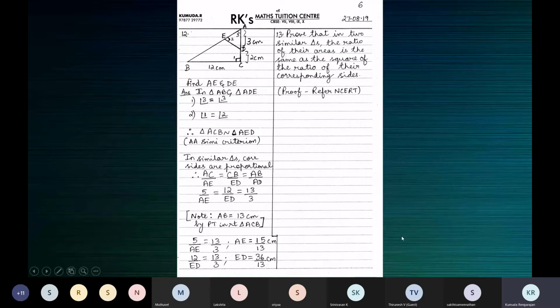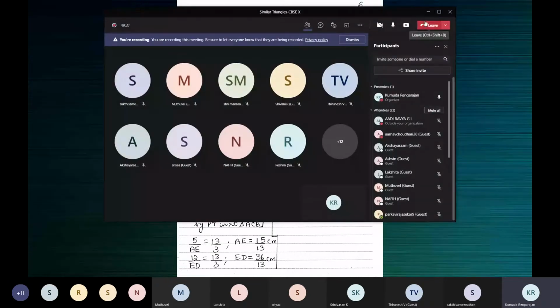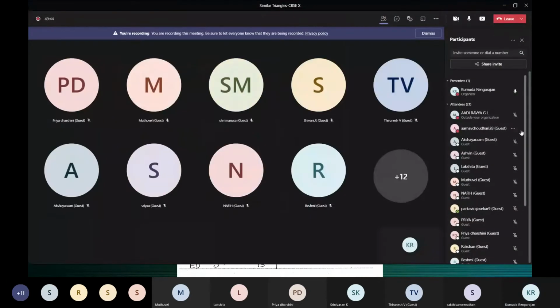Last class, I remember I had asked Priyadarshini and one more student, I don't remember, to share the pictures from the classwork, but I did not receive it. Some students, I don't know if you are all in the meeting. Priyadarshini, I did not receive anything from you.